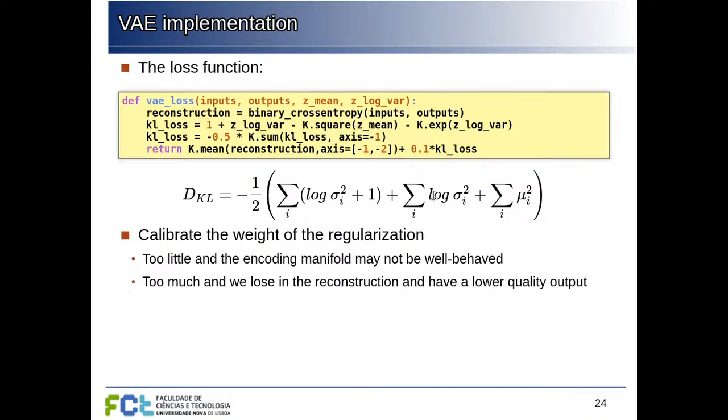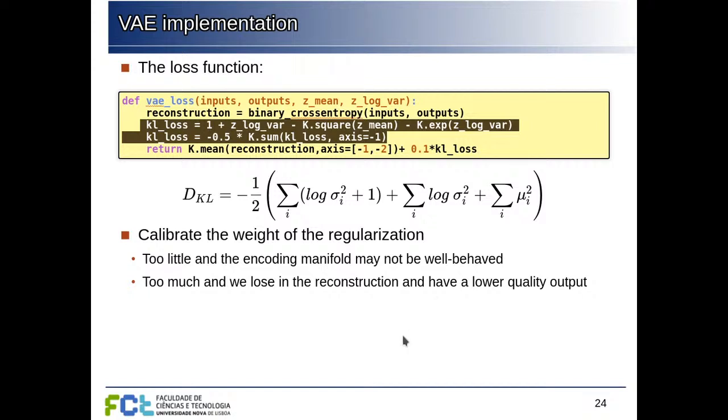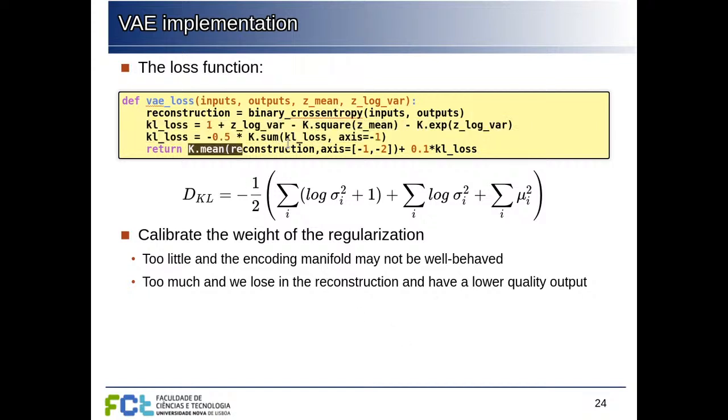This should not have a logarithm there. This is a typo. This is the actual variance here, but we can get there from the exponent. We have the square of the mean and the exponent of the logarithm of the variance to get the variance. But basically this is just writing the expression, and now we combine the two.